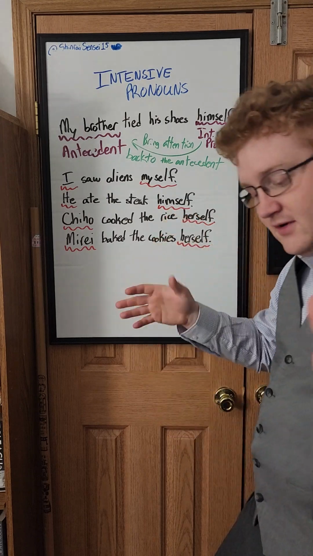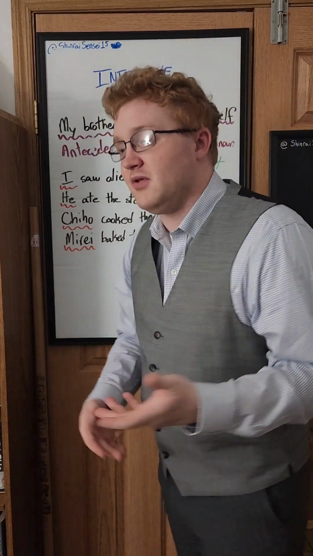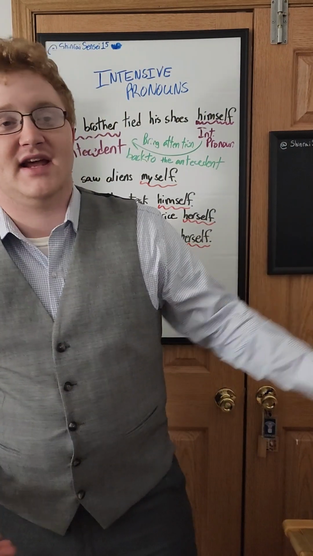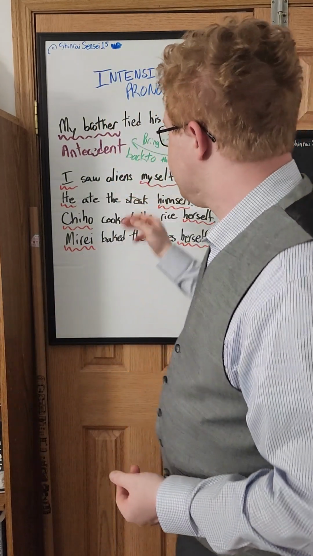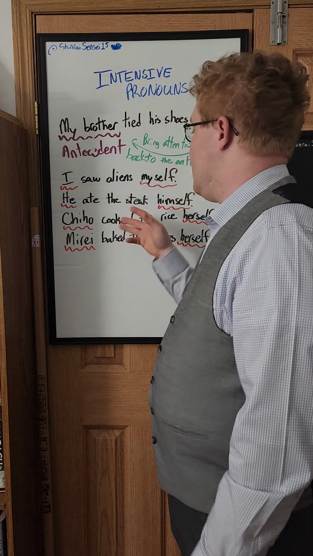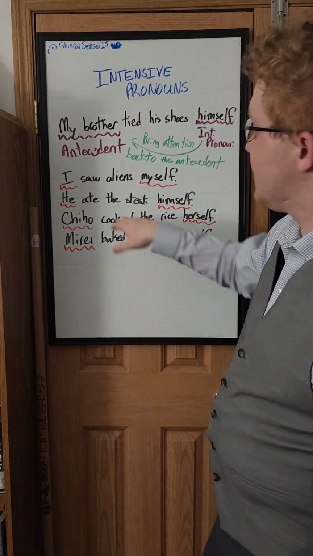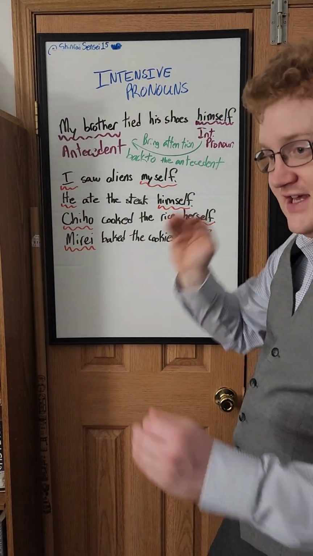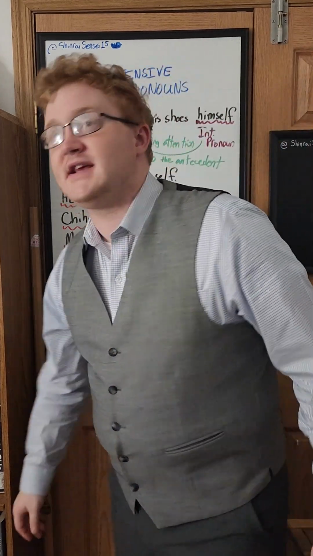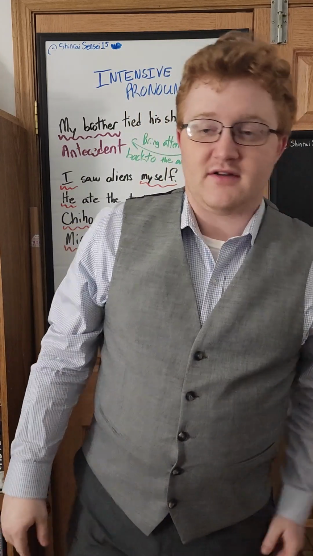Not always, because there are plenty of times that it'll be like, hey, he ate a steak himself, or he cooked rice himself. But you will often see that isolating language, where you say the instead of a, because a means any of these, the means that one, right? But that's a lesson for another time.